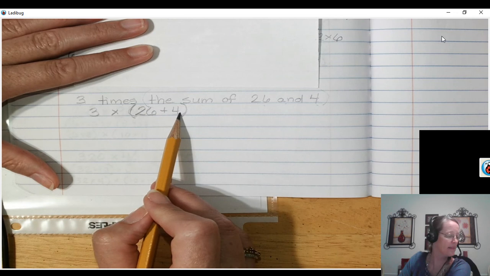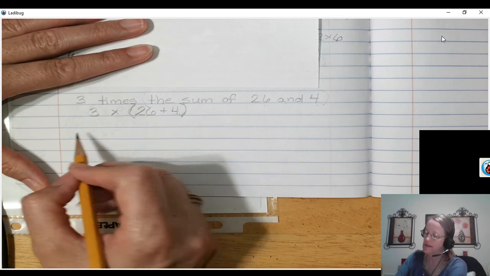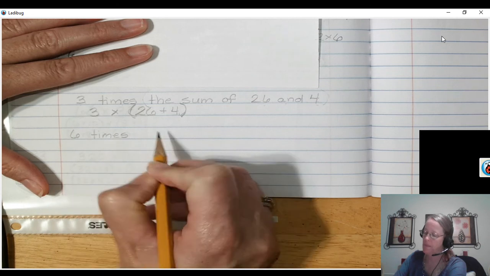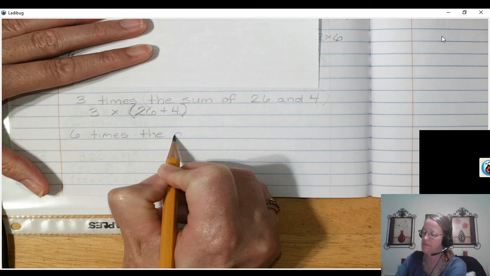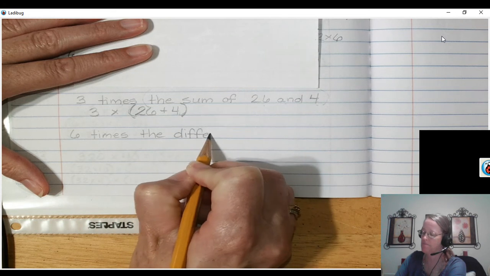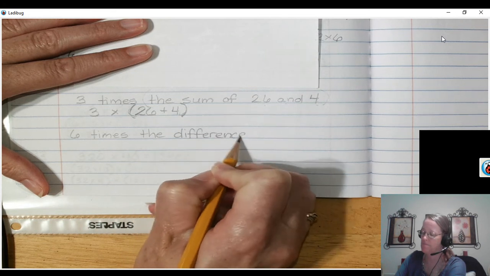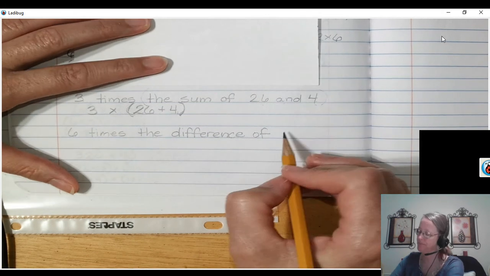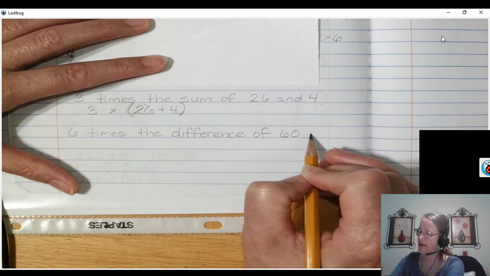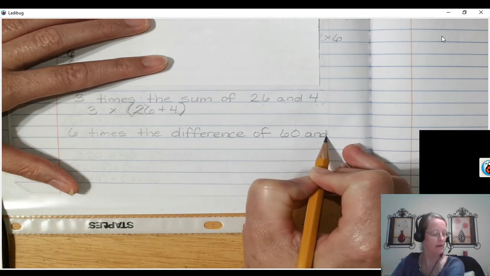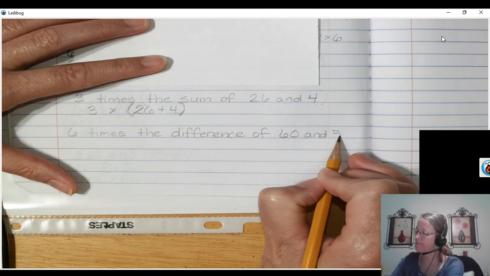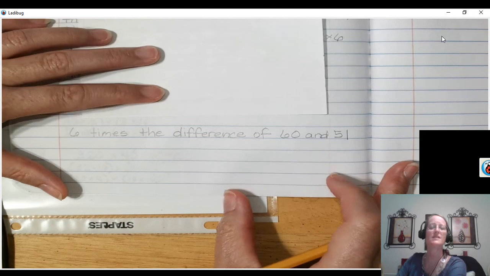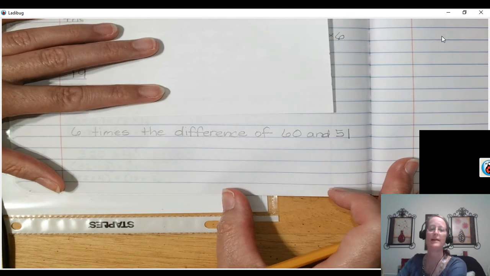Take a look at this one. 6 times the difference of 60 and 51. 6 times the difference of 60 and 51.